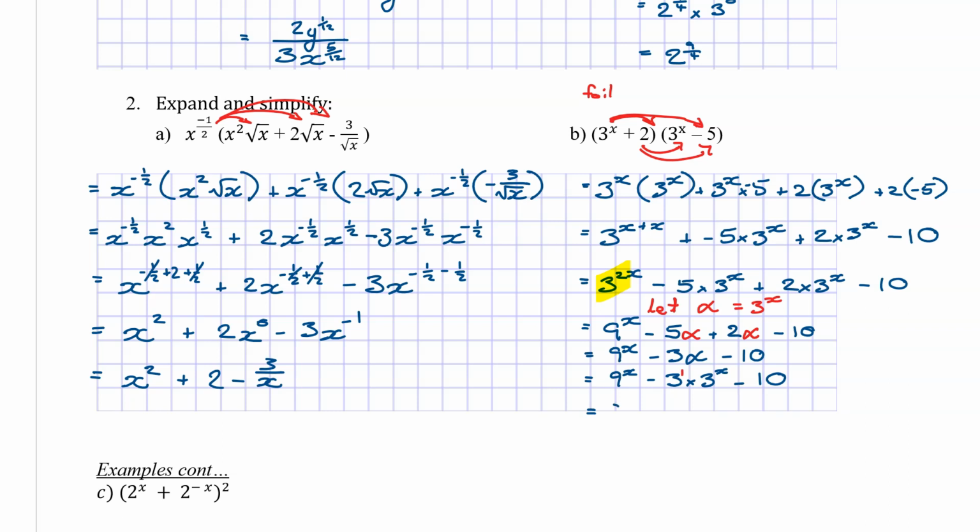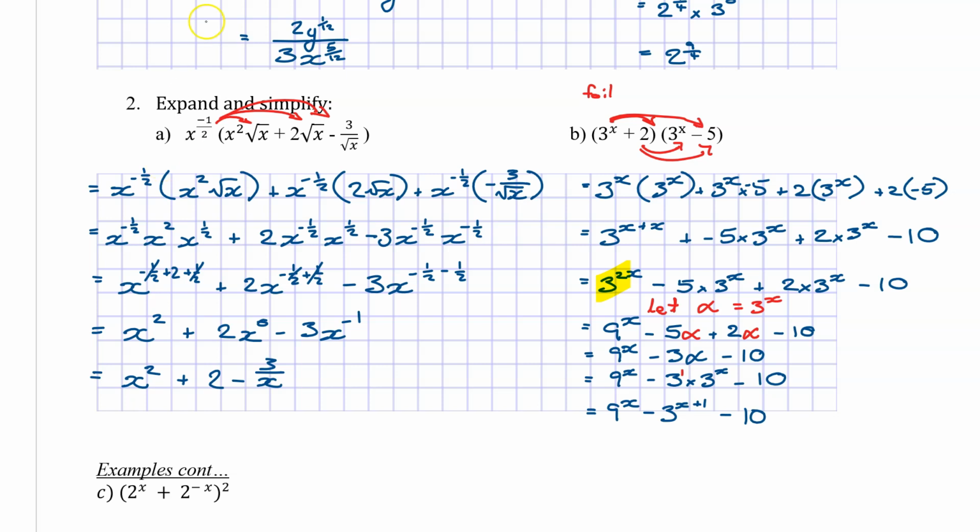So the simplest way we can write this is 9 to the x minus 3 to the x plus 1 minus 10. And this could be the simplified solution to the problem posed in part B there. So a little bit of tricky things going on there, but nothing we haven't done before and nothing we can't handle with the tools that we have already added to our toolbox.